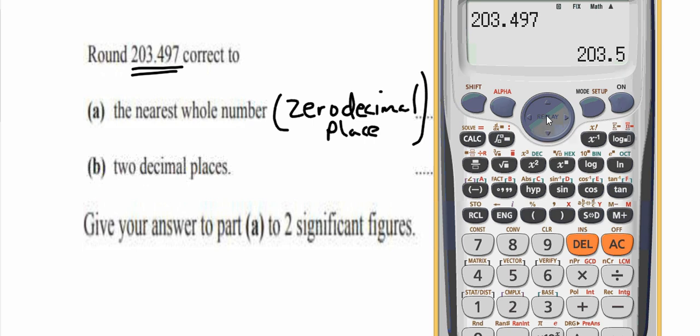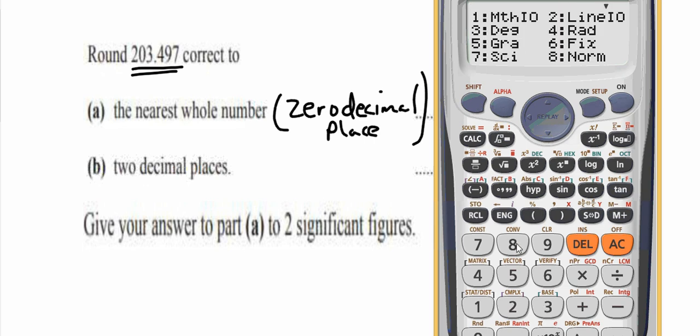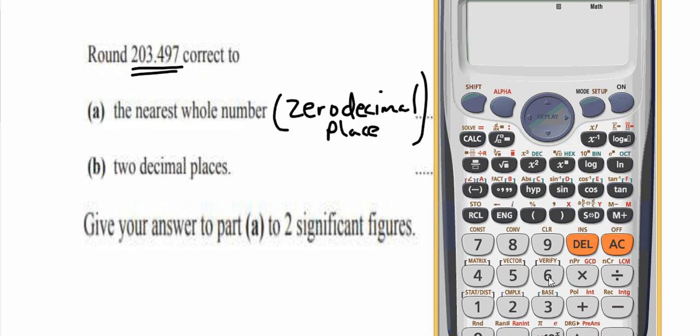Before that, I have to clear the calculator. Before any calculation, you have to clear the calculator. So the calculator is cleared. Now I write 203.497, then hit equals.